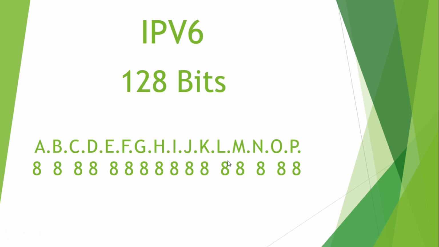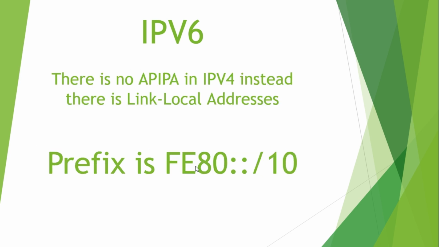I'm not going to really get into it because you can decompress this, so to speak, and there are rules and regulations to decompress it. But that's going to be outside the scope for this particular slideshow. There is no APIPA in IPv version 6.